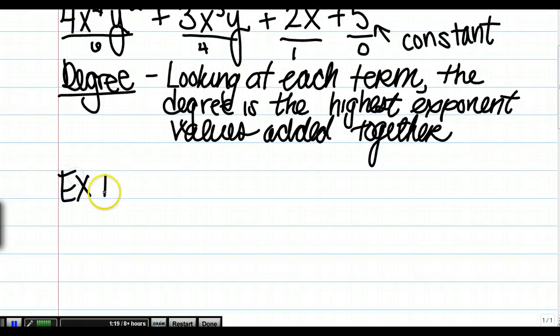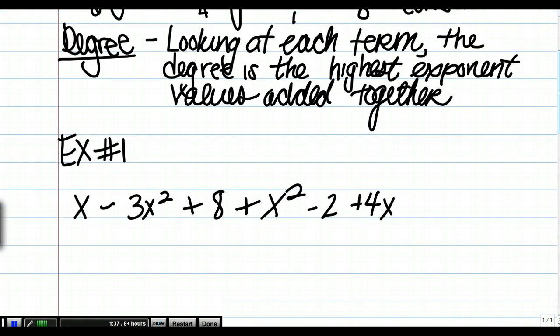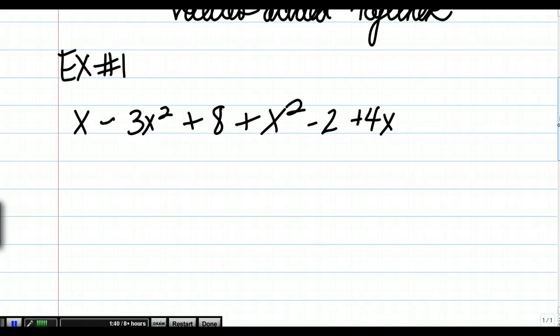Example number 1. If I gave you x minus 3x squared plus 8 plus x squared minus 2 plus 4x, you would need to combine like terms in order to add or subtract this equation.